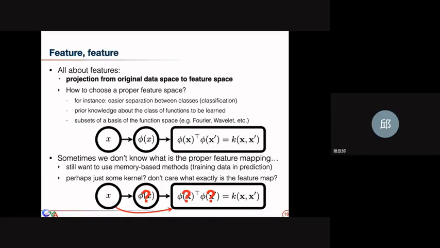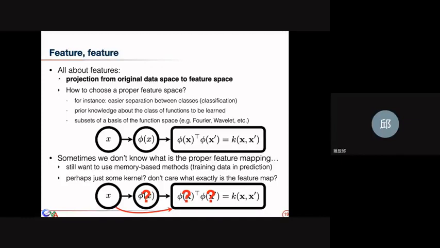Basically, you still want to use your training data in the prediction time. Actually, it is quite common that you just want to use some kernels.